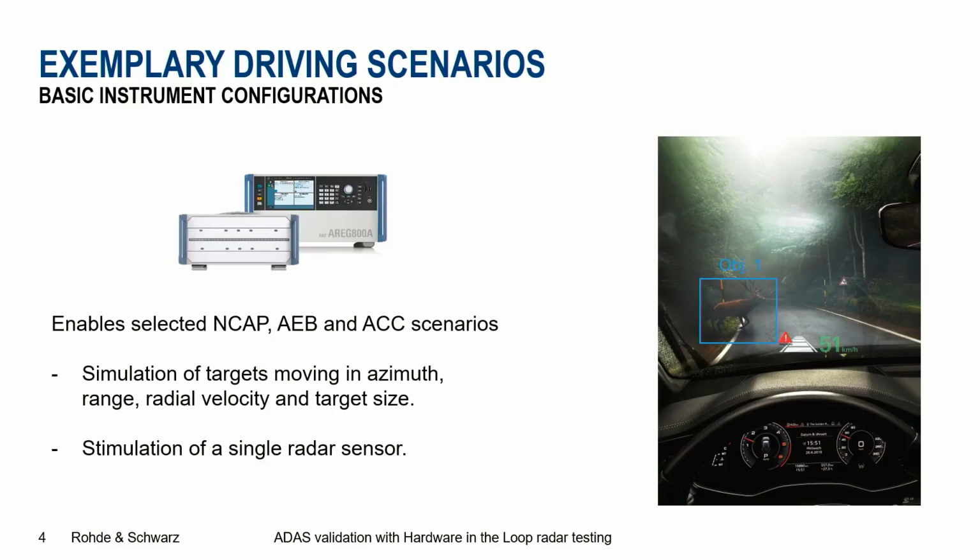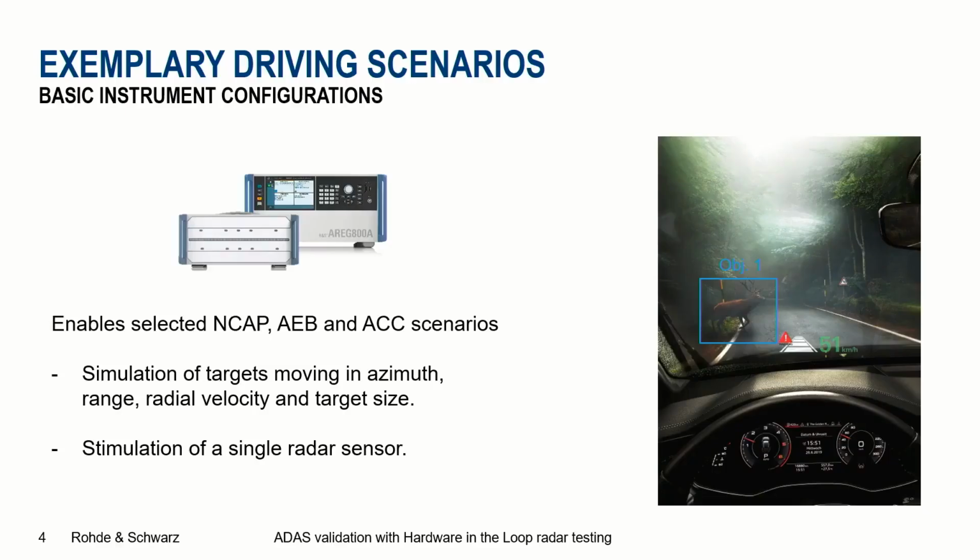But first, let's have a look at the variety of driving scenarios and driving situations that a capable hardware-in-the-loop test system must be able to address. And we start with a very simple situation, let's say. We have an obstacle, an object that is crossing the road, just a single one, as defined by the Euro NCAP test cases and what is necessary for autonomous emergency braking and also ACC scenario testing.